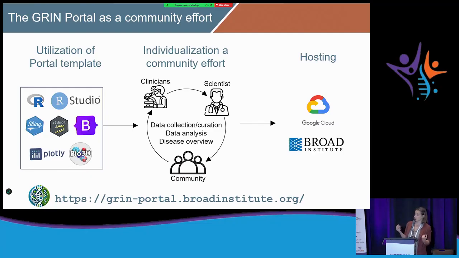And this data was aggregated in the GRIN Portal, which is a community effort that includes clinicians, scientists, and families, and allows aggregating functional, phenotypic, and genetic data in a single resource, which you can access at this website.